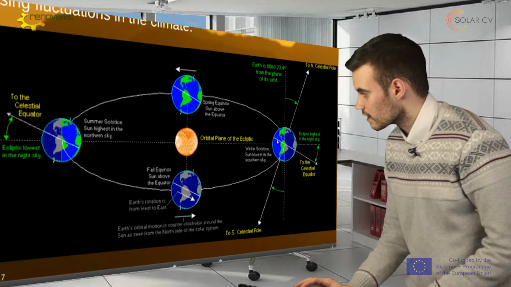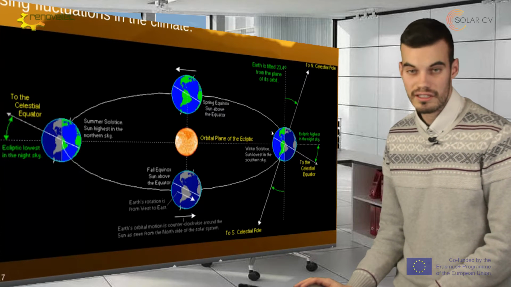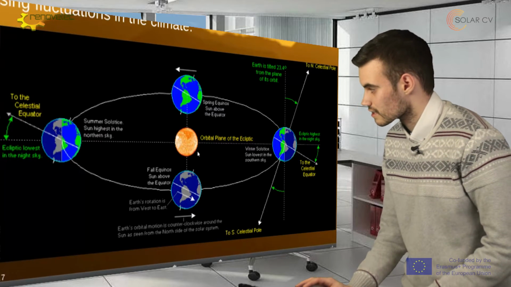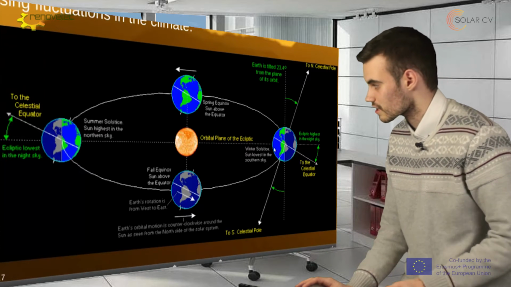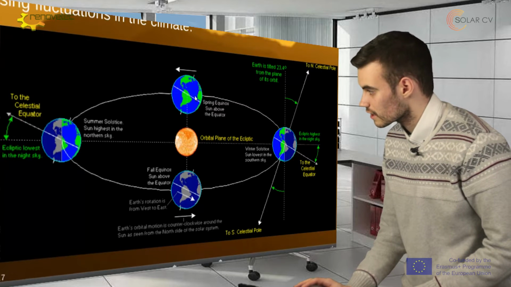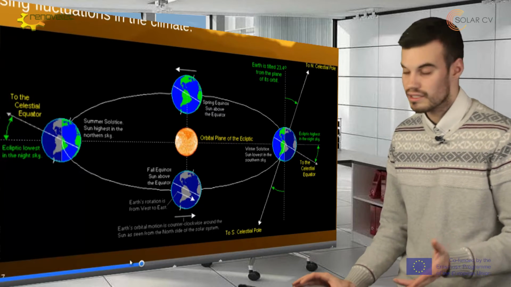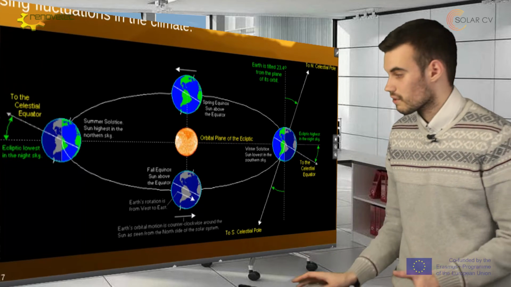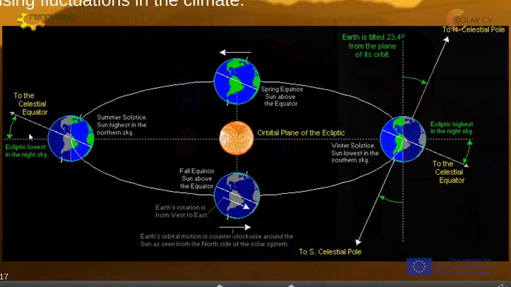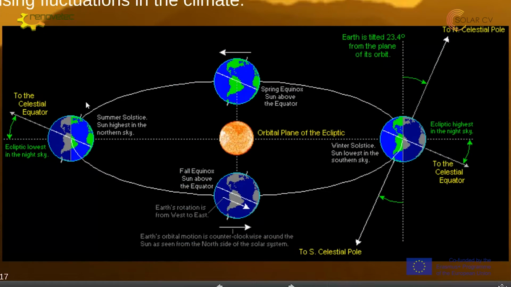However, here in the winter solstice, this face of the Earth is at the largest distance to the Sun. Here in the equinox, these faces are at the same distance, so the day and the night are the same. And here in the summer solstice, this face is at the nearest distance, so we are going to have the longest day in the year.